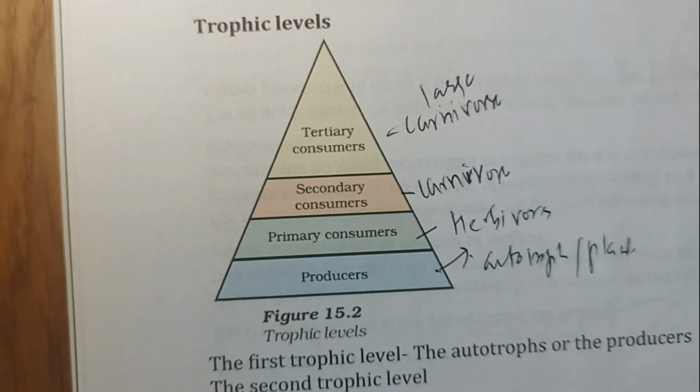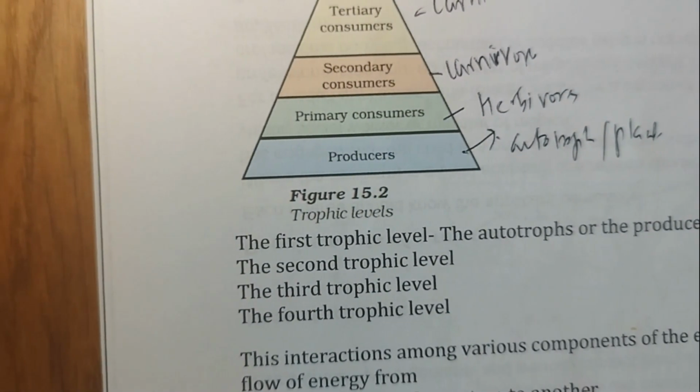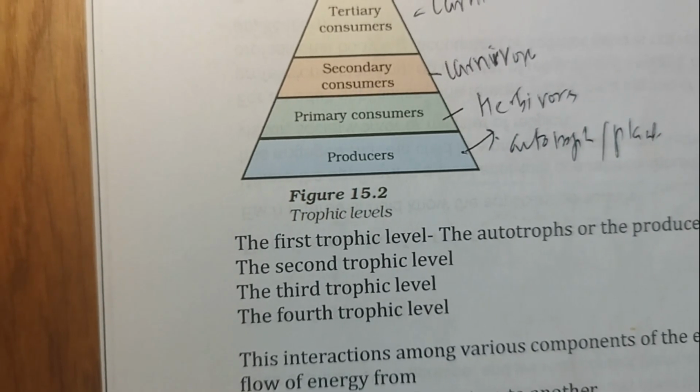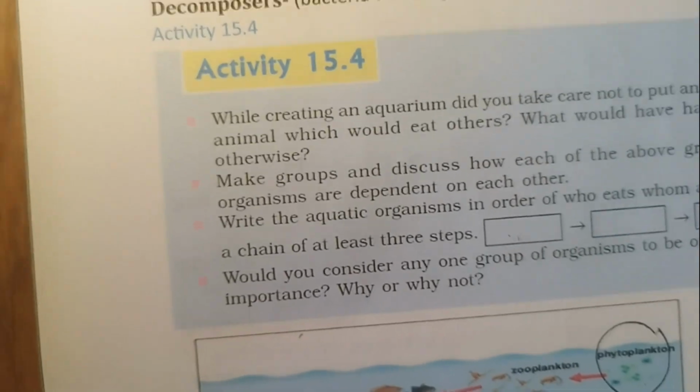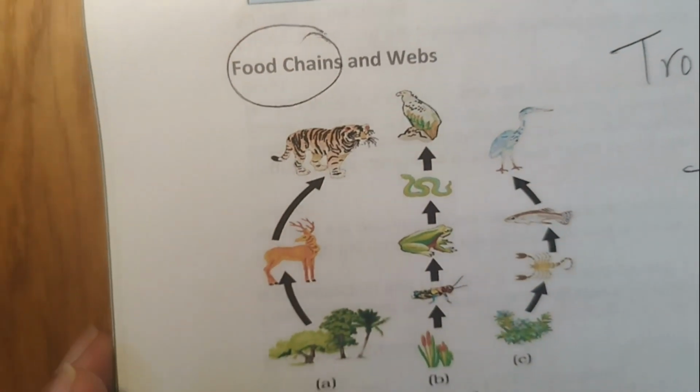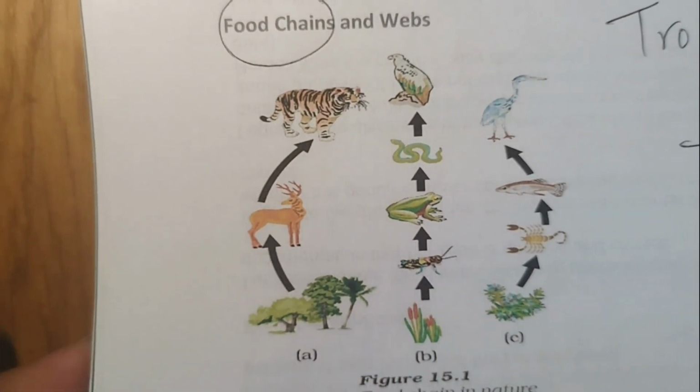So these are the trophic levels: first, second, third, and fourth trophic level with different organisms. And the same thing is explained in this diagram as well. Have a look at this diagram. It's given in your CBSE book.